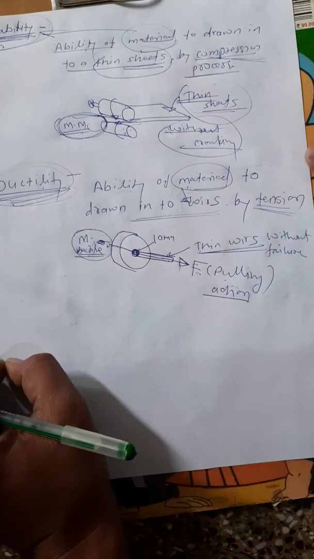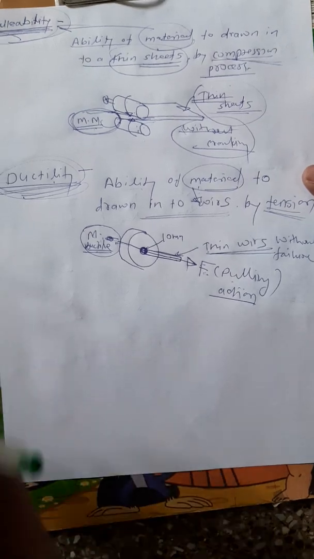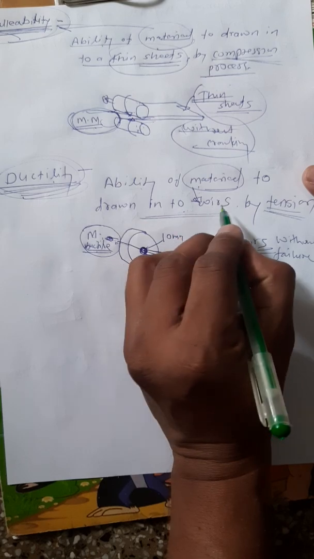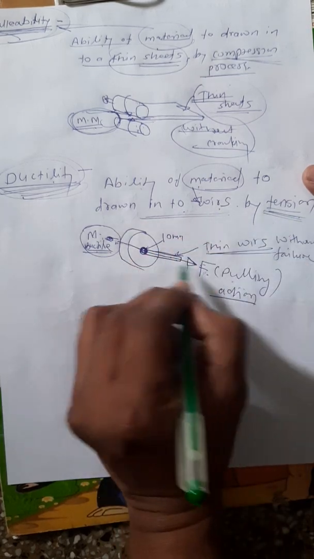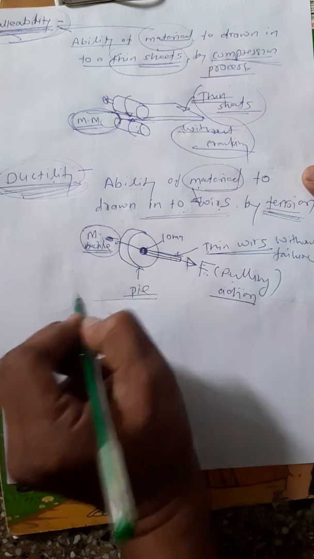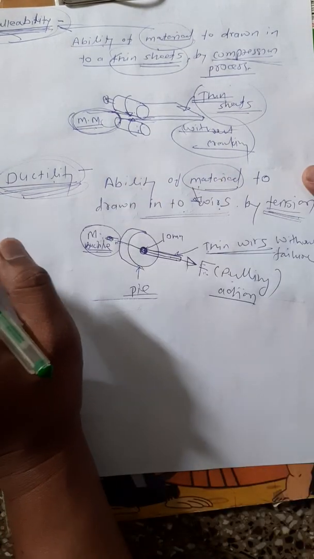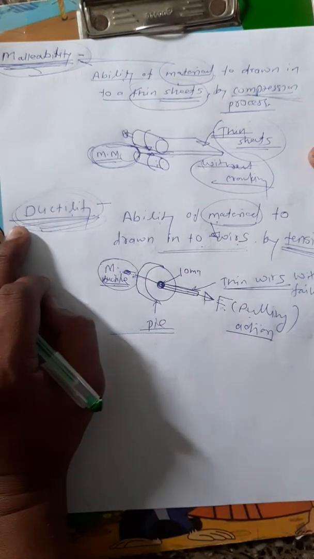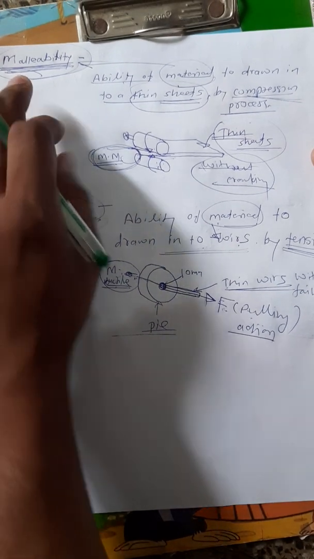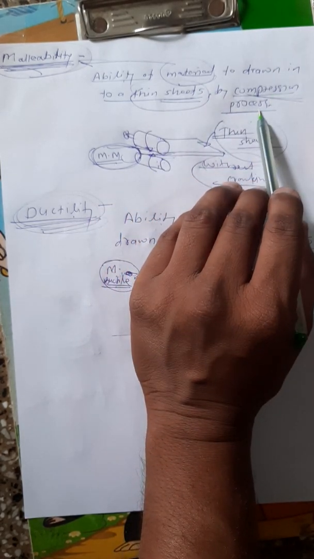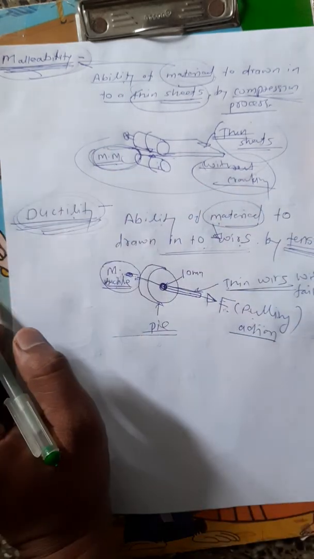So what is ductility? Ductility is the ability of a material which can be drawn into wires by tension action, by pulling action. This is the die. Let's take a revision of malleability and ductility. Malleability is the ability of a material which can be drawn into thin sheets due to the compression process. We took one best example.